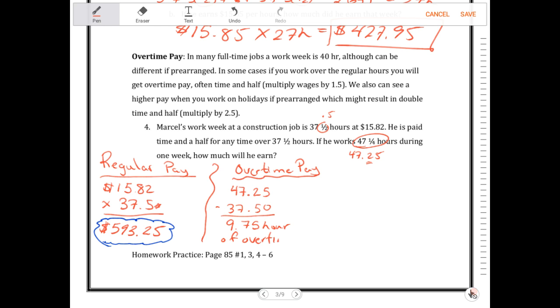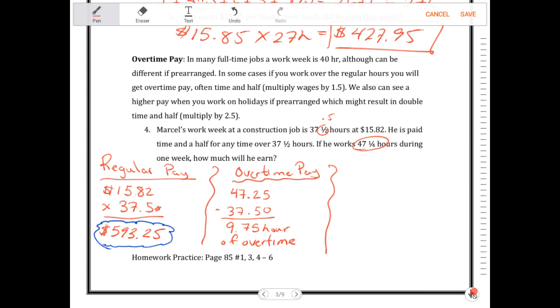That's how many hours he put in above and beyond his regular. So now we'll figure it out.